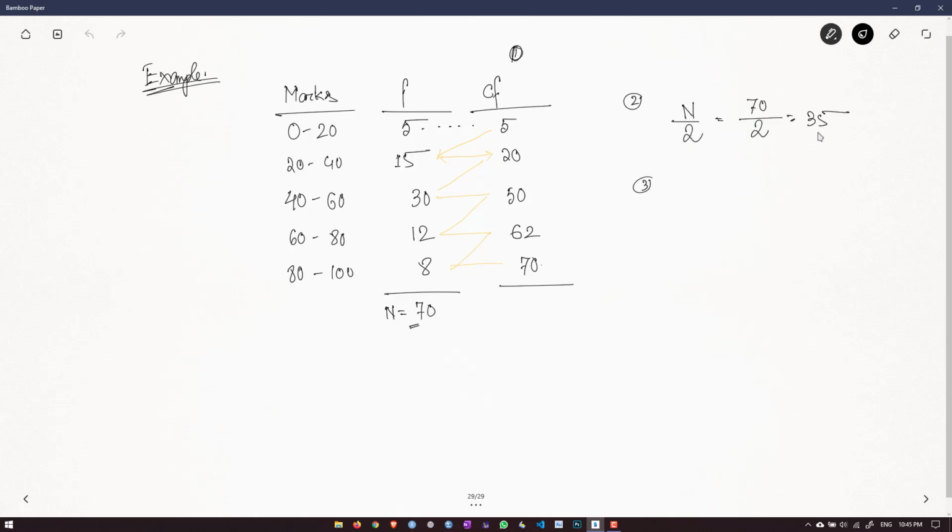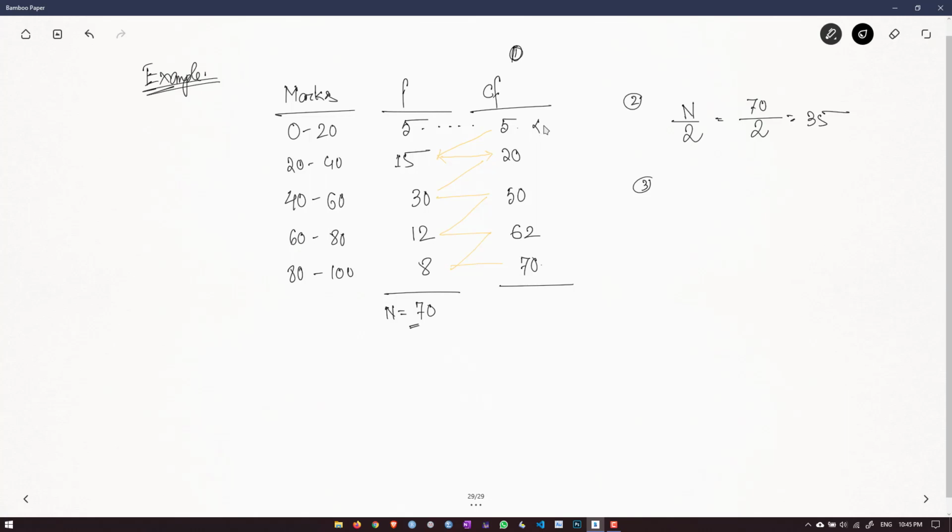Now in this example, the value of n by 2 is 35. So once you get n by 2, next thing is to look into the CF column, that means the cumulative frequency column. You have to identify a class which is greater than 35, right? Which is just greater than 35.